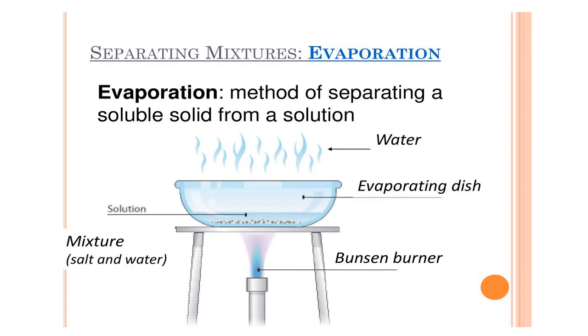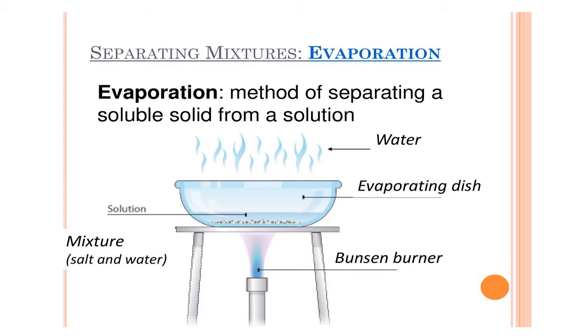Now you have to add 2 spoons of salt to water and stir it well. Can you see any change in the color of water? You can see some salt is left behind in the beaker. So after boiling, this salt will stay behind.